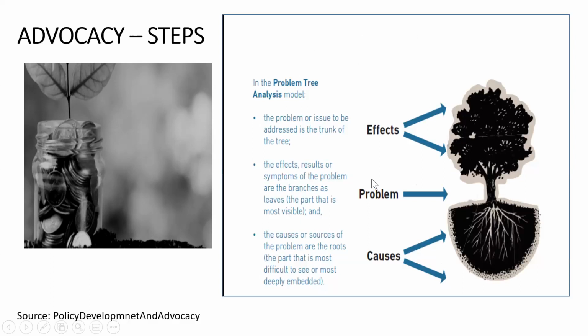So we start with a problem, and in the depiction, this is where the trunk of the tree is, that's the problem. In this case, you're kind of asking questions like who, what, where, when. An example is if we take access to essential medicines. In this case, it can be something like polio, it can be HIV medicines or any other essential medicines.